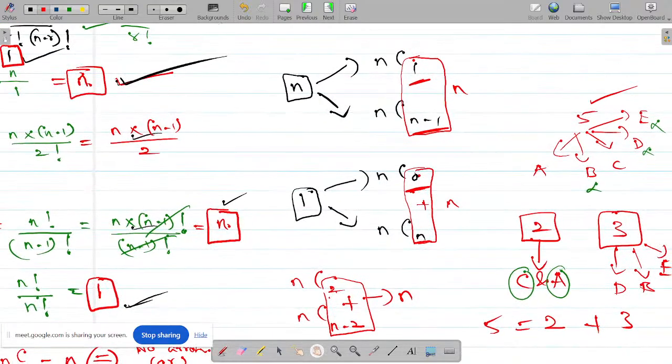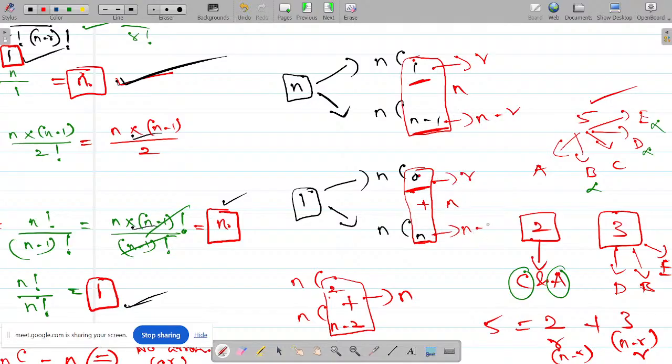See now, this is R. And this will be N minus R. Am I right? Now see here. This is R. This is N minus R. So ultimately, if I form grouping as NC2 and NC N minus 2, which means NCR and NC N minus R, both will have the same value.